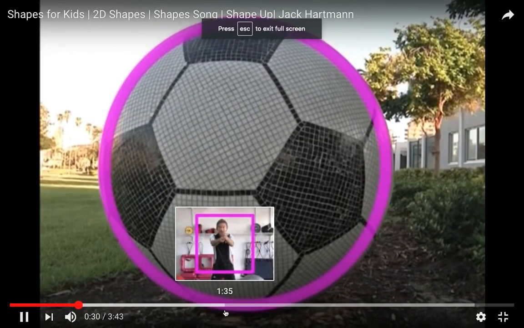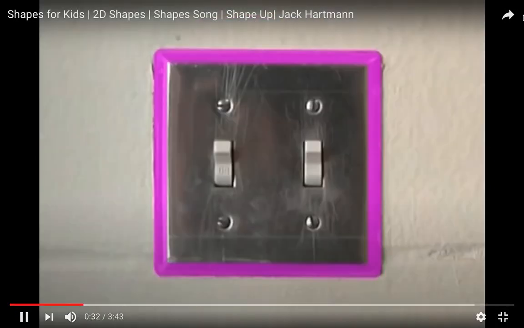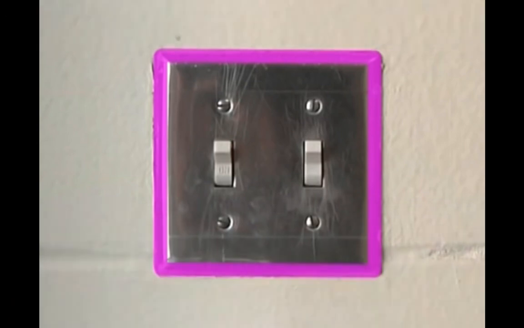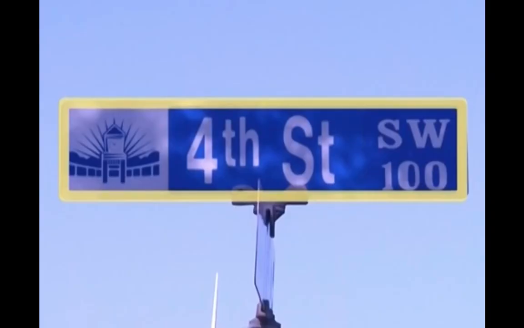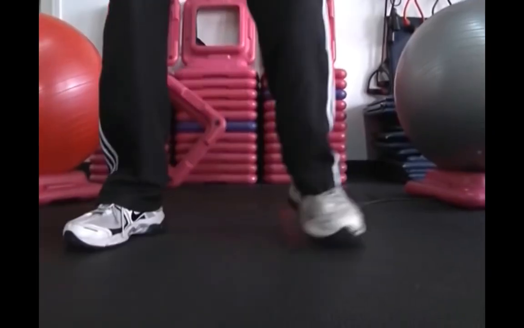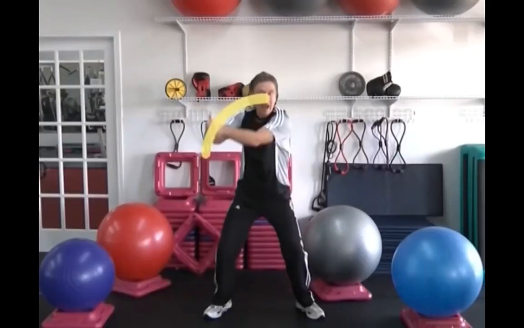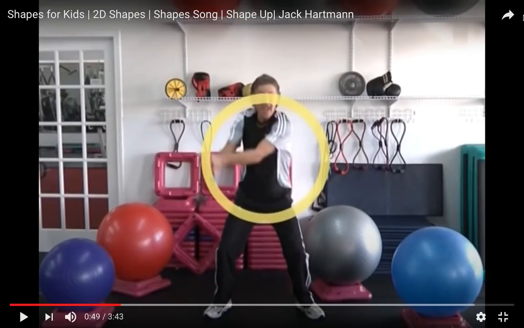Circle, square, triangle, rectangle. Spread your feet out wide, put your arms out front, circle round and round. See if you guys can do that.